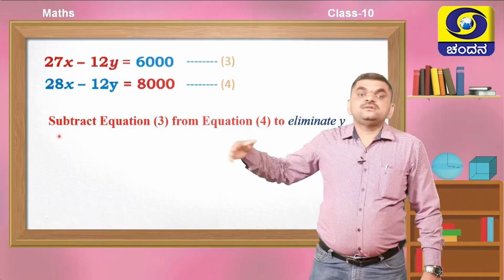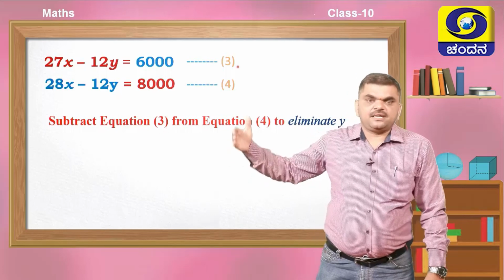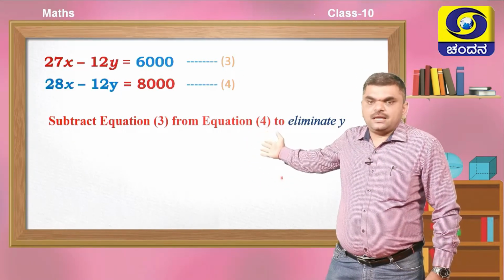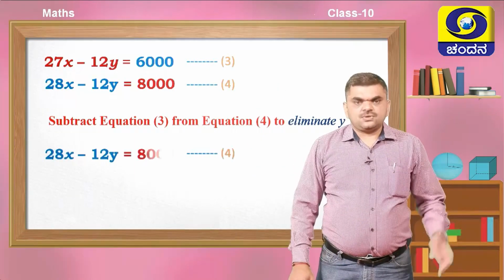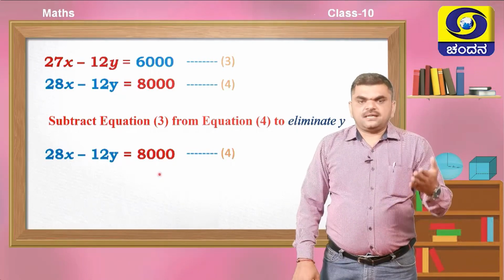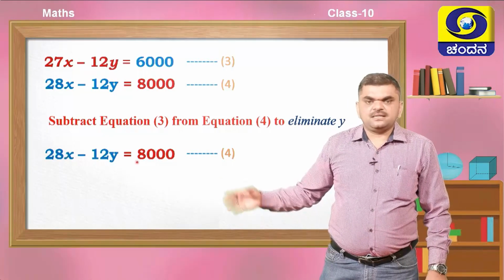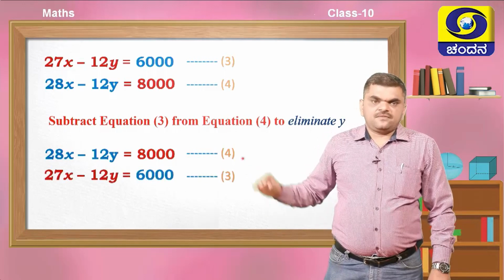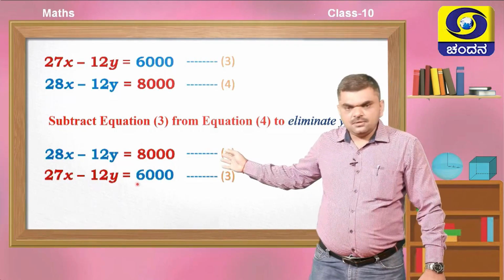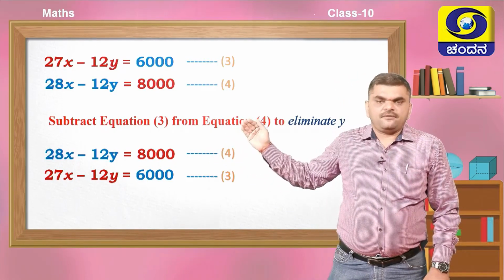So, I am going to subtract equation number 3 from equation number 4 to eliminate y, children. I will interchange and first write equation number 4, that is 28x minus 12y is equal to 8000, and equation number 3, that is 27x minus 12y is equal to 6000. Now I want to subtract.